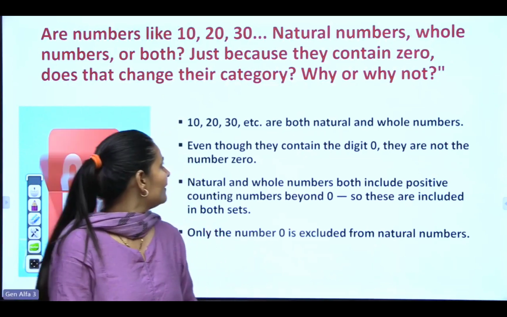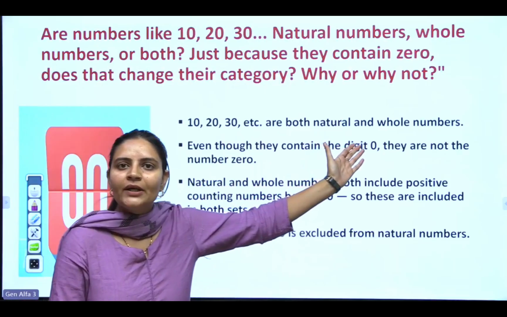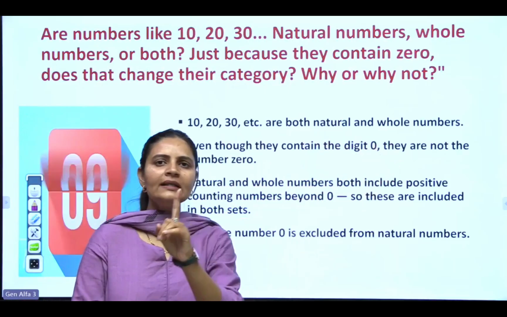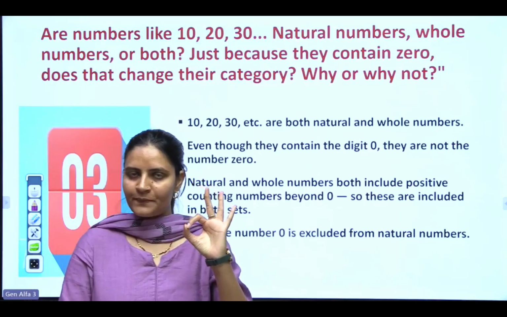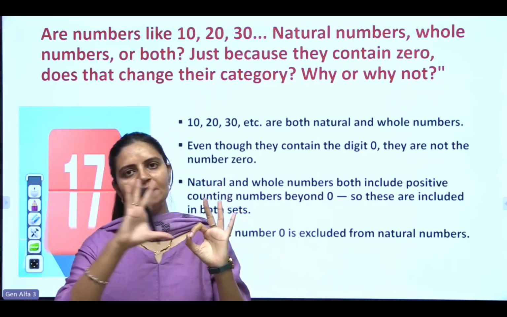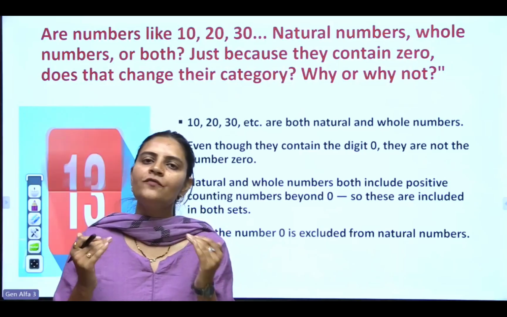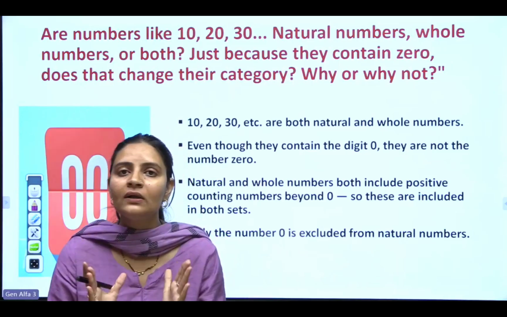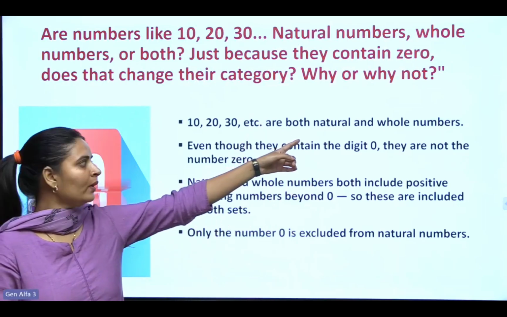Yes? 10, 20, 30, etc. are both natural and whole numbers. The only difference is that whole numbers contain the absence number 0. Everything is the same. So 10, 20, 30, everything is counted in both the sets. So 10, 20, 30 are both natural and whole numbers. Why?